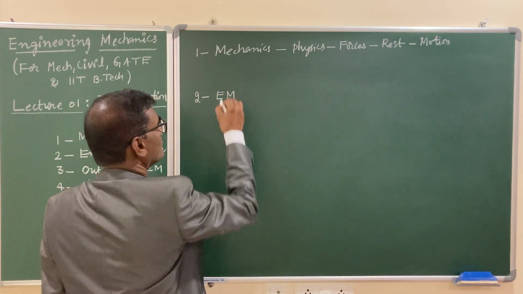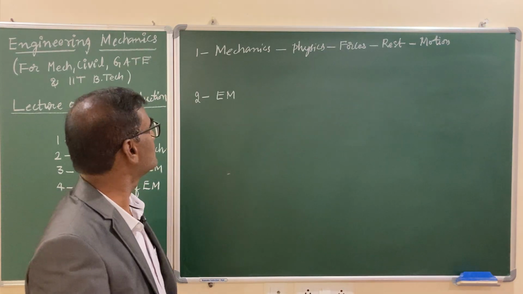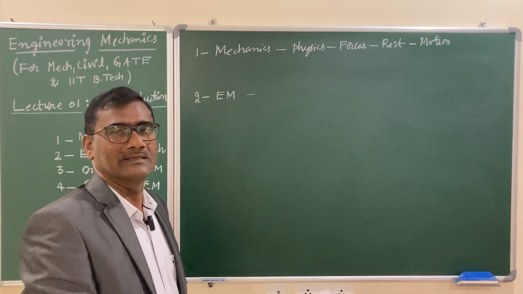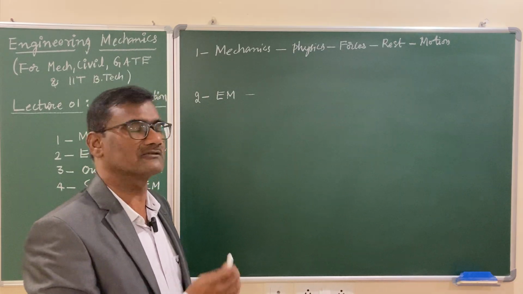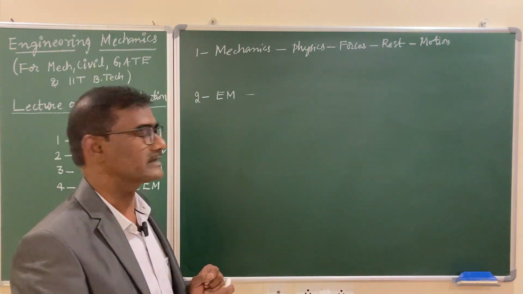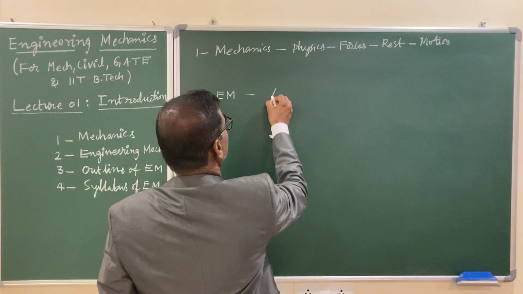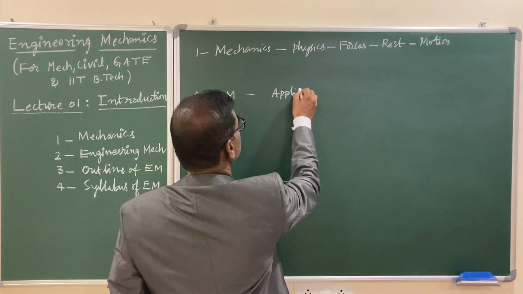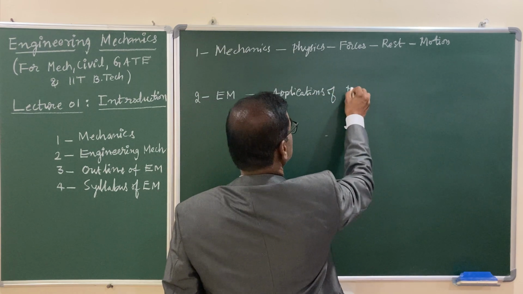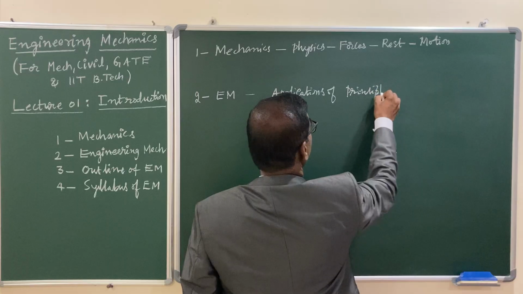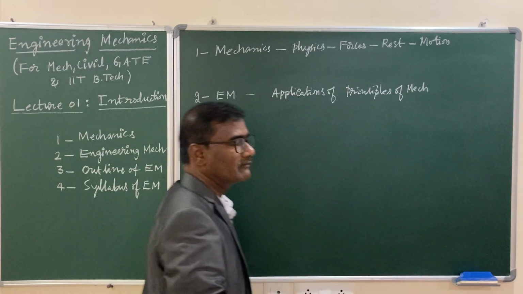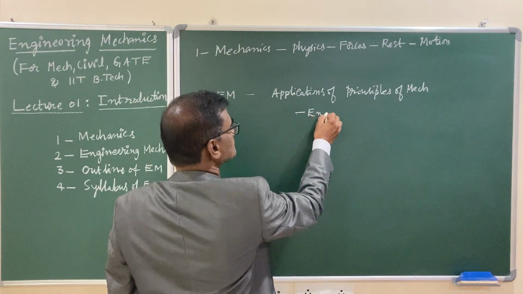The short form of engineering mechanics is EM. Here we are going to apply the principles of mechanics to solve engineering problems, and that is called engineering mechanics. Here we are applying, so we call it applications of principles of mechanics to solve engineering problems.